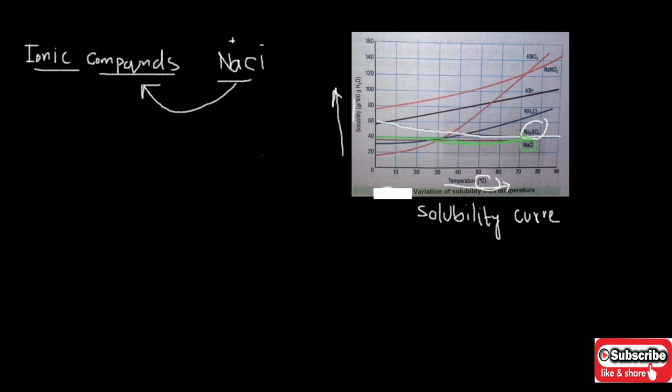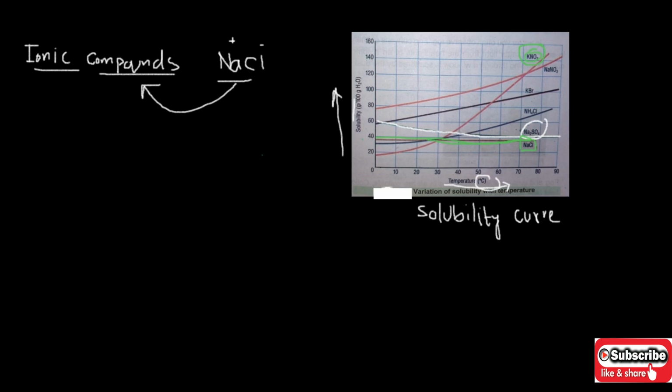Temperature dependence of sodium chloride is fairly flat, meaning that an increase in temperature has relatively little effect on sodium chloride. But in case of potassium nitrate, KNO3, this curve is very steep.